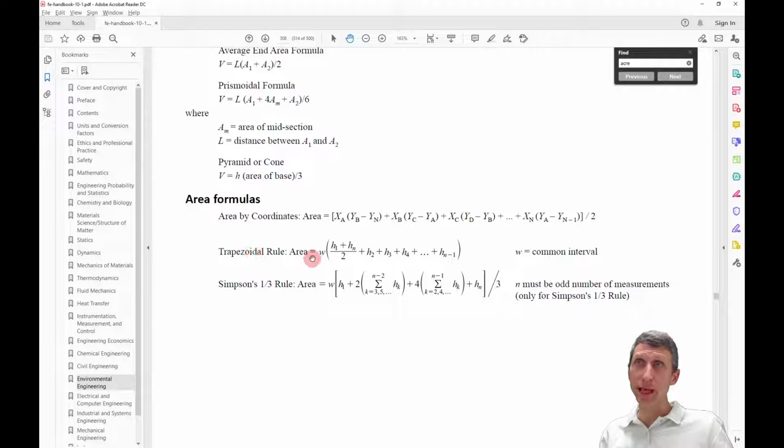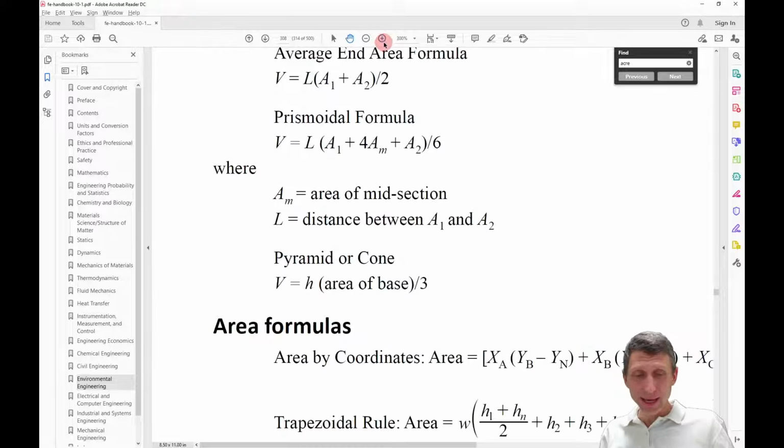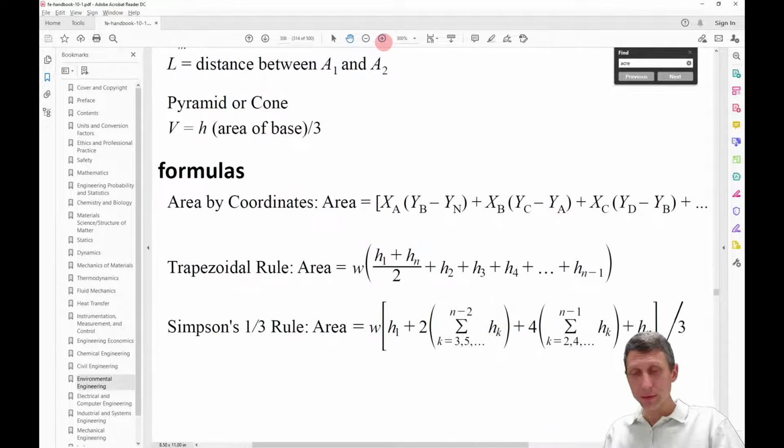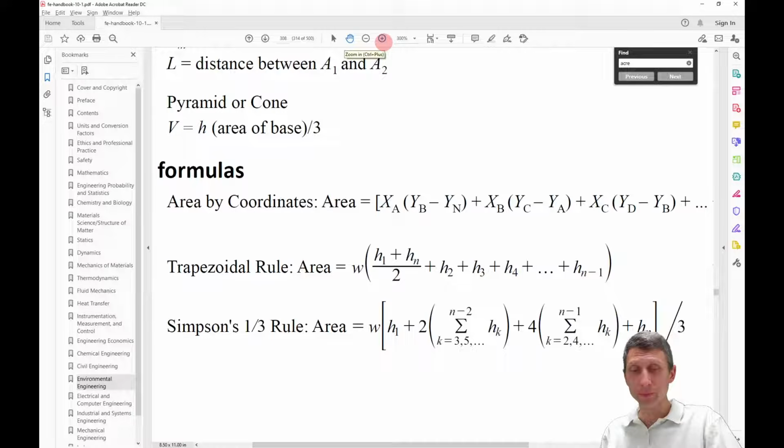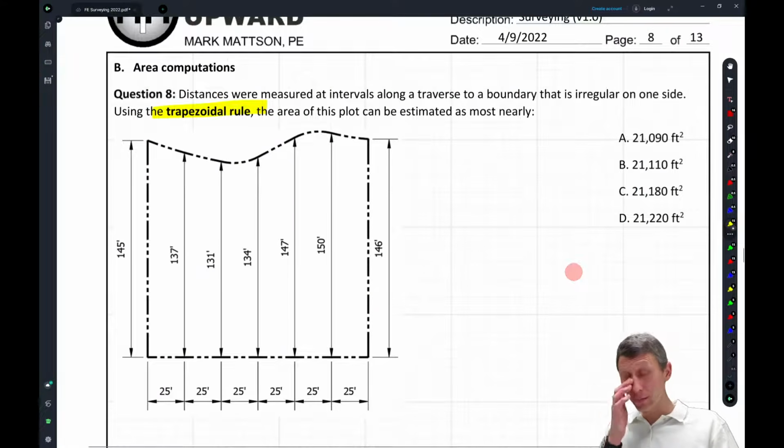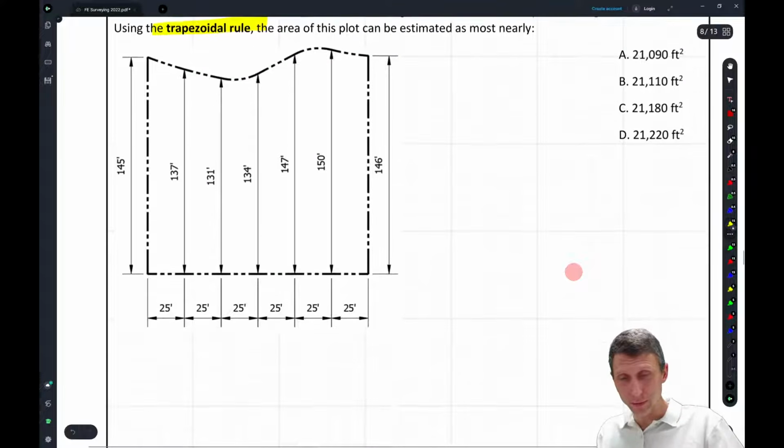And basically what this is saying, if we look at this, is we're taking this width here, and we're multiplying it by the average height of the start and the end, and then times the height of each of the middle ones. Let me write it down here.